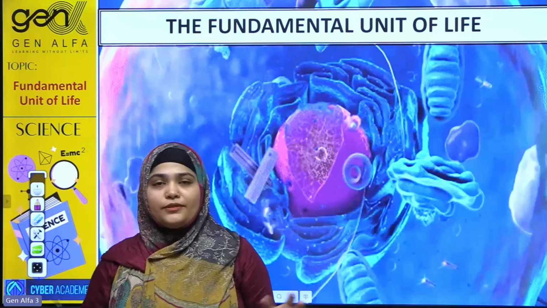First of all, I just want to tell you that cells are also called the structural and functional unit of all living organisms. Can you tell me, students, why we are using the term structure here? Structural means simple structure. It is the living organism's structure, whether we are talking about animals, plants, or human beings.